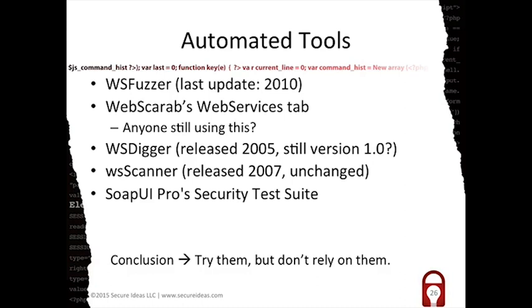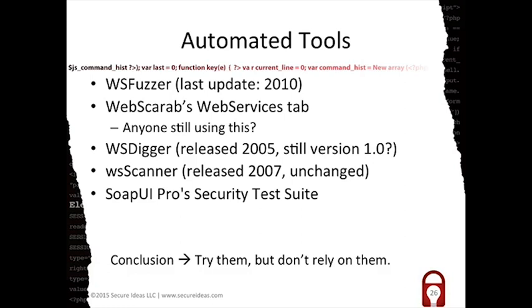It's a command line tool, and it'll spit out some results that you can walk through and check for false positives. I will occasionally use this. It is meant for SOAP-based web services. So again, if it's a JSON-based web service, WS Fuzzer is not going to be a whole lot of help.